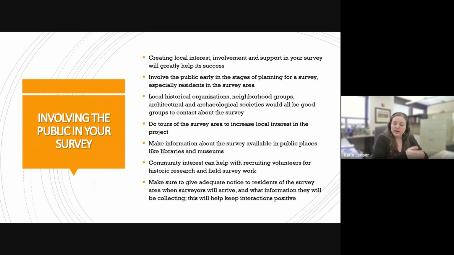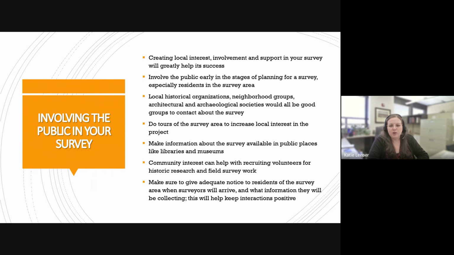And like with the West Side District in Laramie, community interest can help with recruiting volunteers for historic research and field survey work. This will be something we'll go into more in depth in the next presentation in this series.